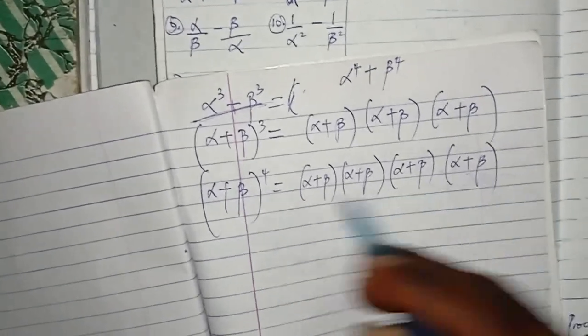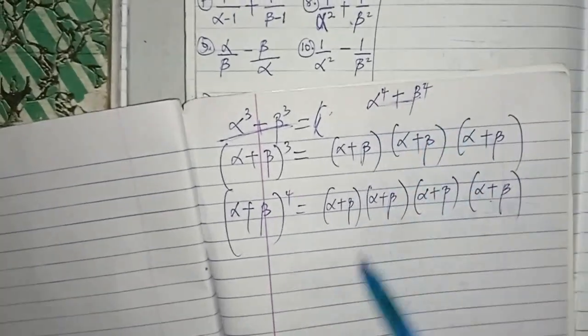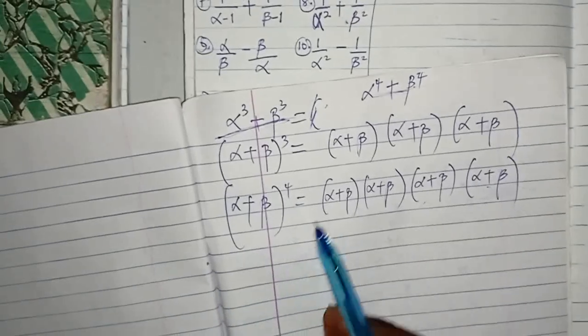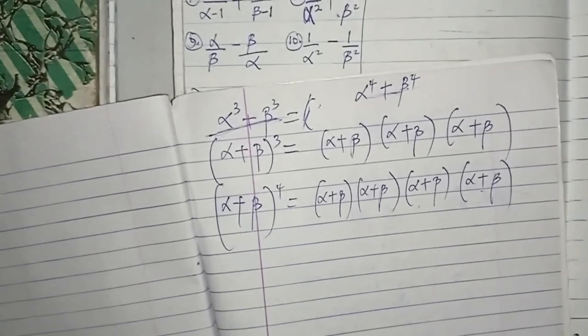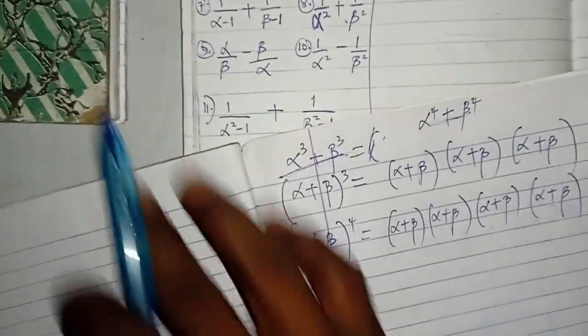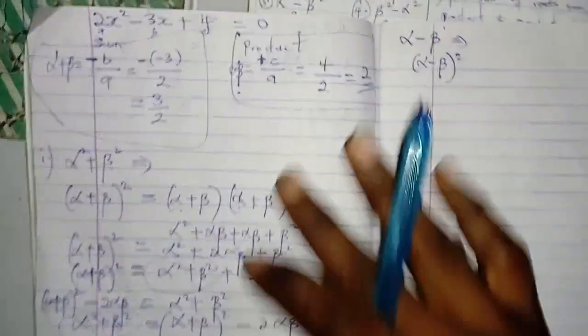By the time I do this, I should be able to get this value, which I will make subject of the formula, and the others will give me something like alpha plus beta or alpha times beta. So that's the principle. So let's go back to business.